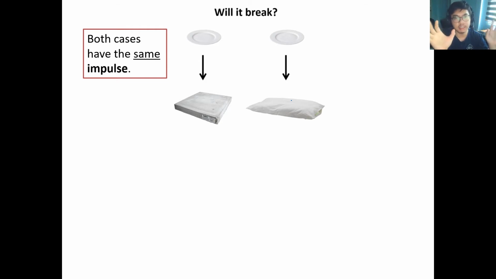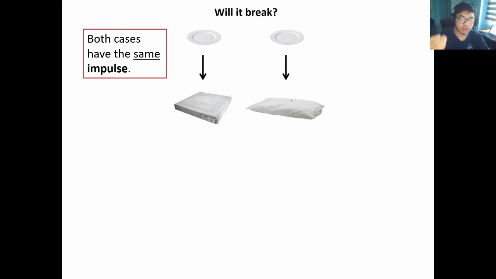Now, because the change in momentum is the same, the impulse is the same. So both of these plates give the same impulse to these two objects, right? So if the plate is giving 100 newton seconds of impulse to the concrete, the other plate will also give 100 newton seconds of impulse to the pillow as well.